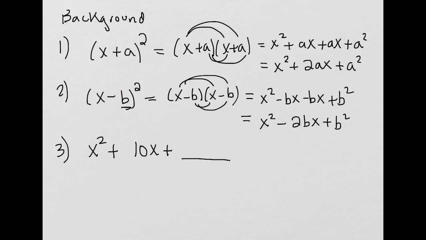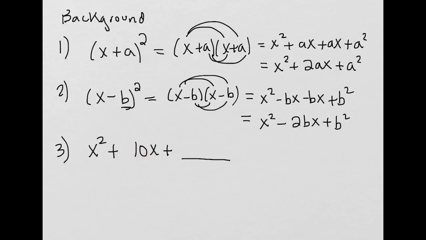So suppose I want to take this expression in number 3 and write it as something like number 1. I want to write it as x plus something squared. So the question is, what number would I need here? Well, notice that the number in front of my x is 10.